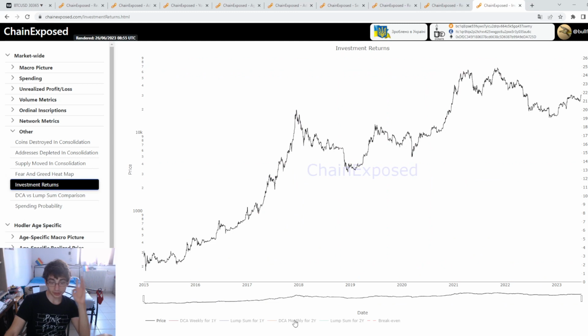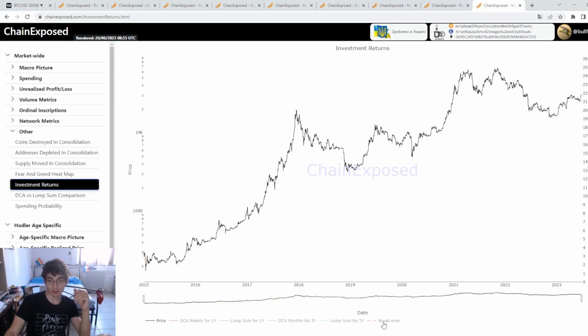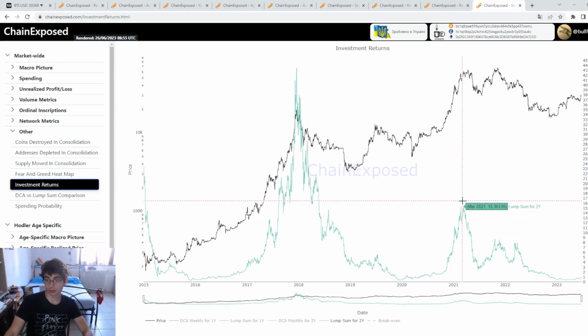And we have the DCA monthly for 2 years that have a return here of 6.8 more or less, and here they got 25x. And the lump sum for 2 years, so others, they got 15.4x.